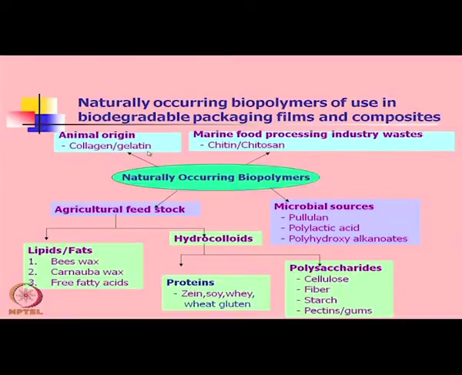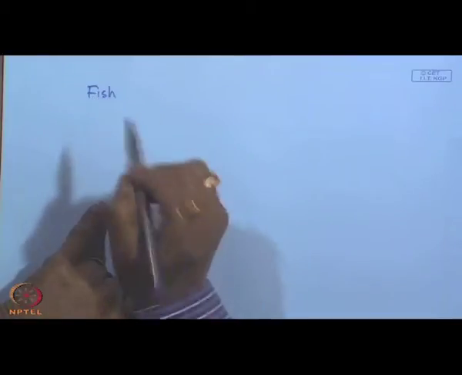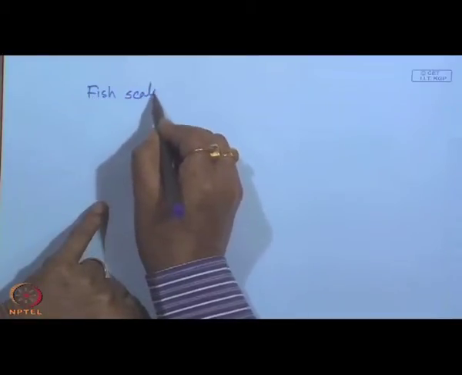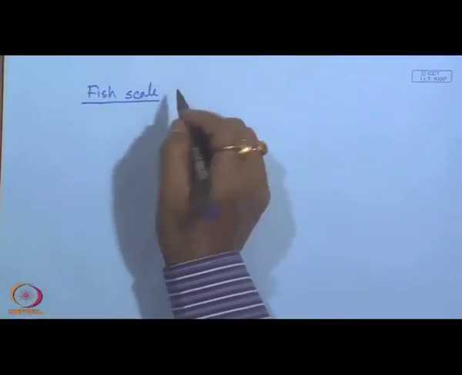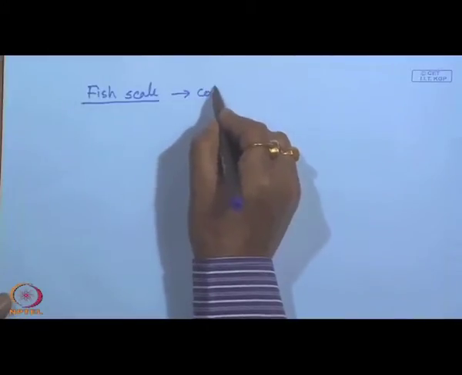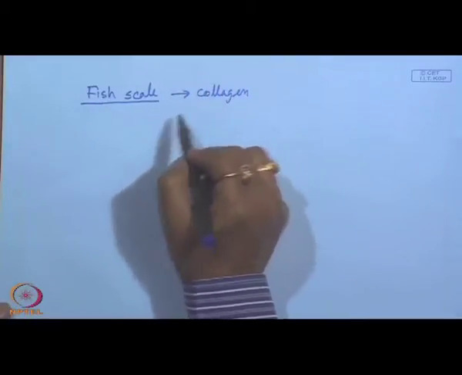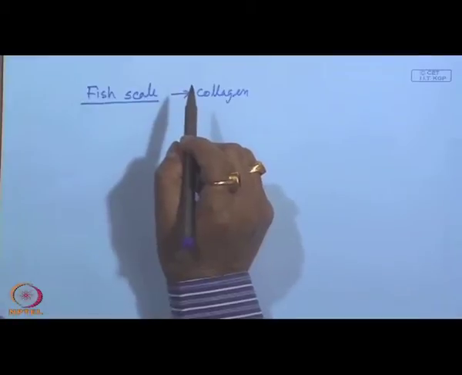Now, collagen can be harvested from animal source, say we can take fish scale. This fish scale contains a good amount of collagen. That collagen can be harvested from fish scale or other animals.